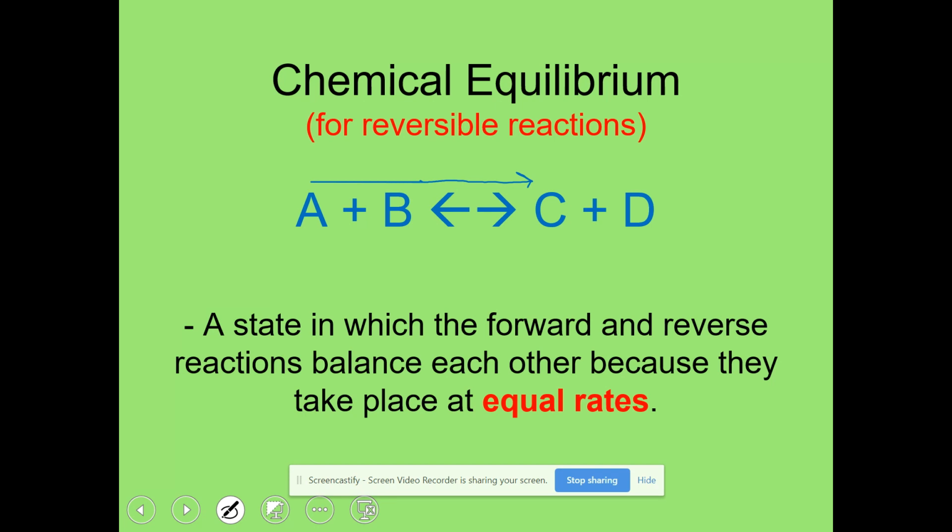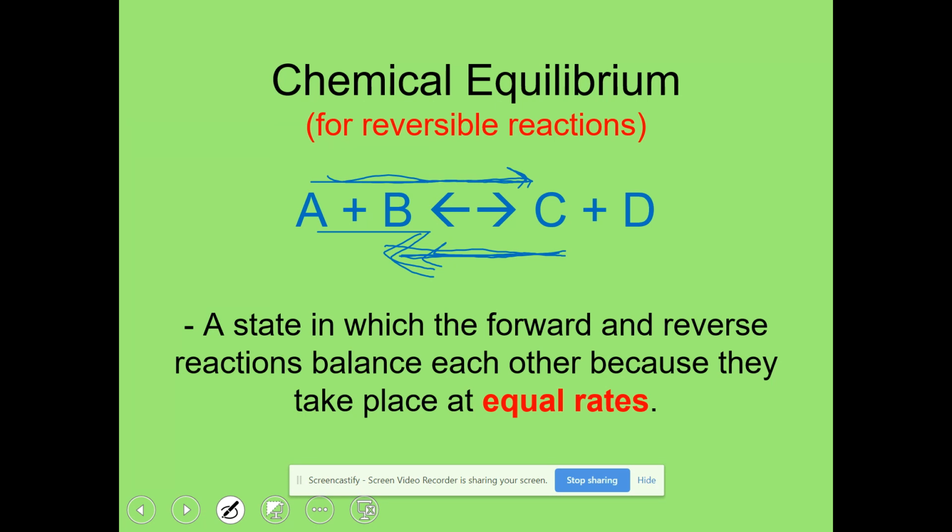As C and D build up, they can bump into each other and turn back into A and B. And as you get more and more C and D, this reverse reaction starts to happen faster. So the forward is slowing down, this one's speeding up, and you hit a point where the forward and the reverse are happening at exactly the same rate.